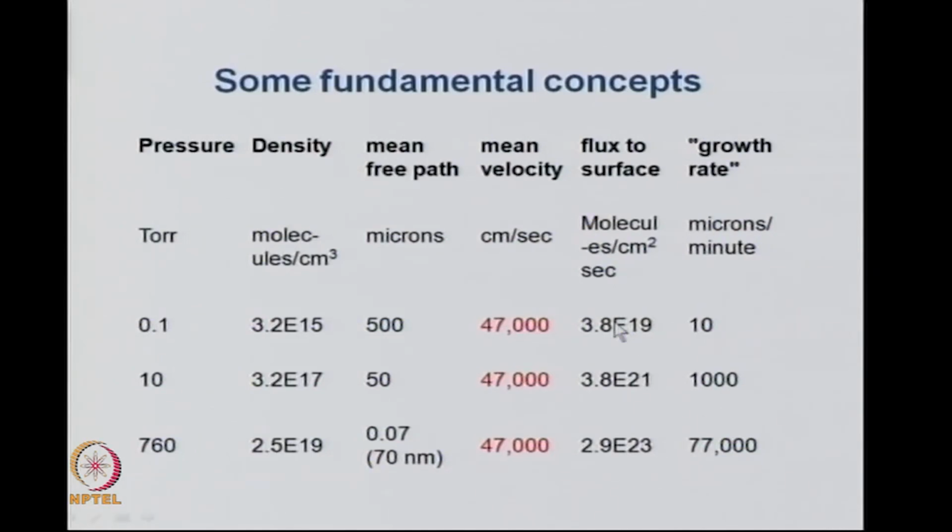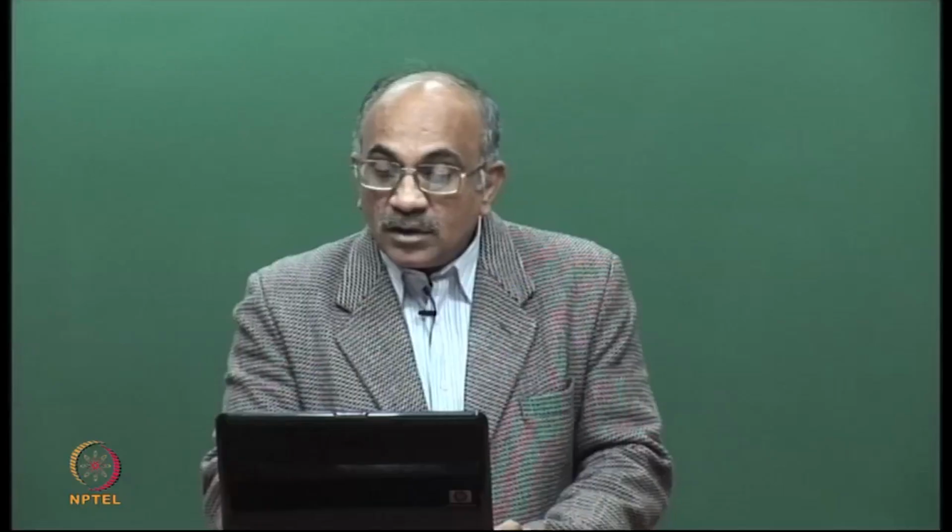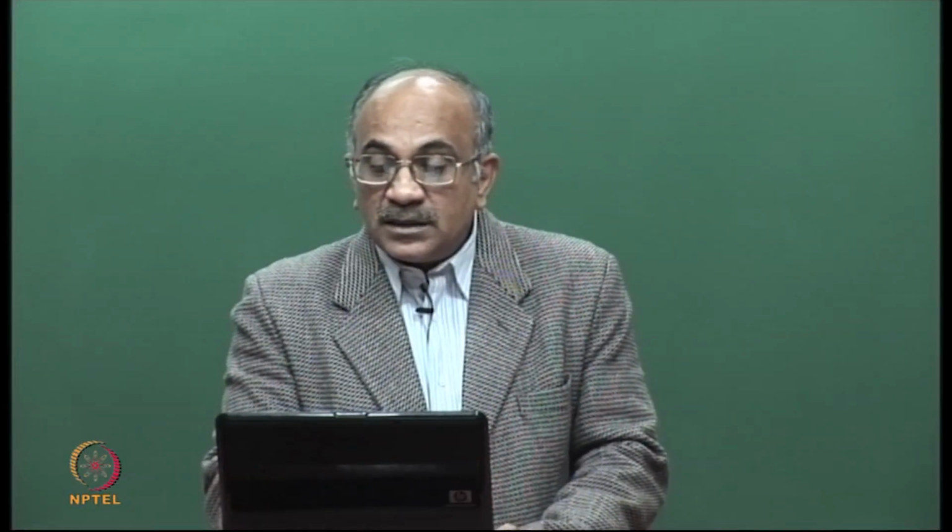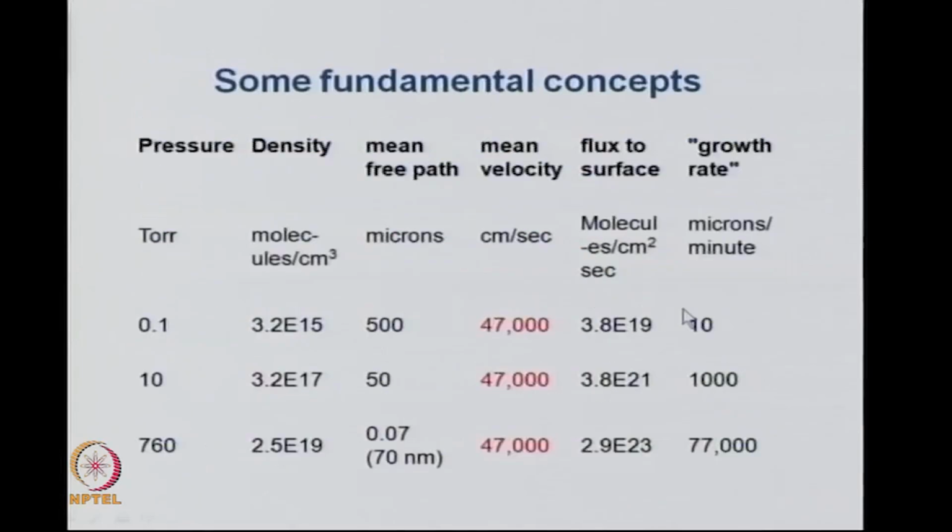The number of molecules falling on a surface per unit time here is much less than here, and you see the growth rate, how much thickness the film grows per minute, where the thickness is in microns. So, how many microns per minute the film grows can be compared under these 3 conditions.